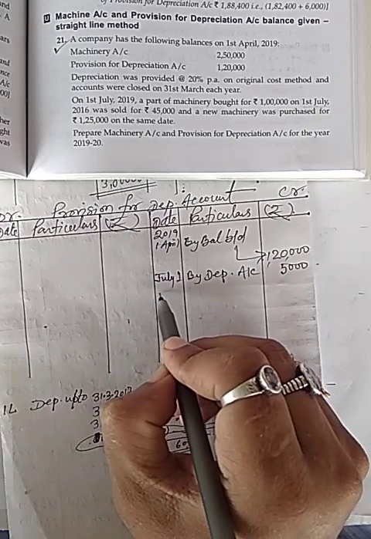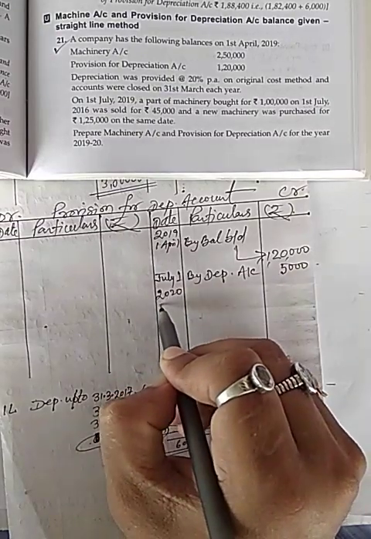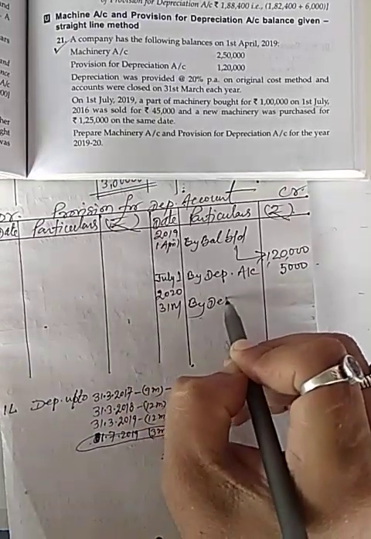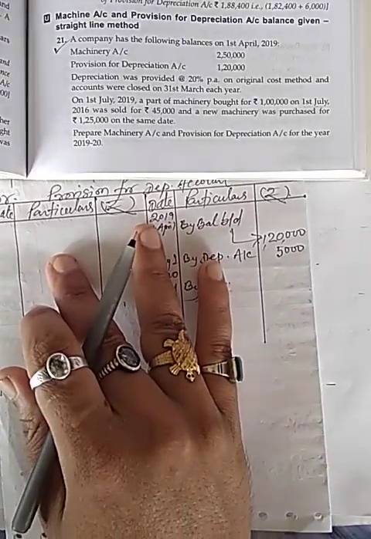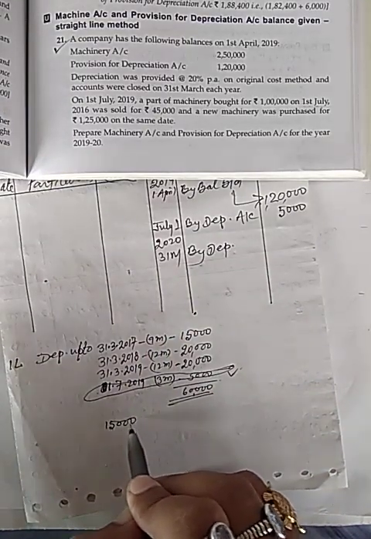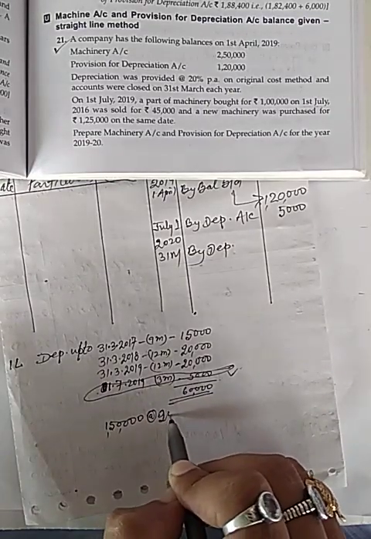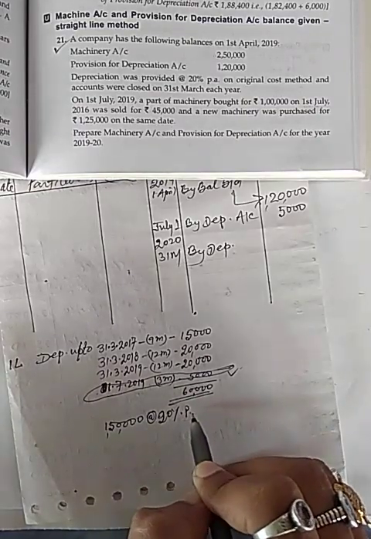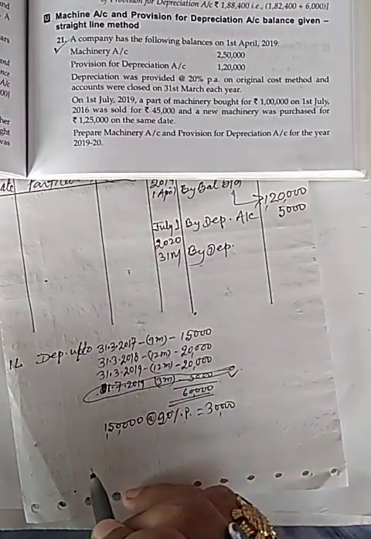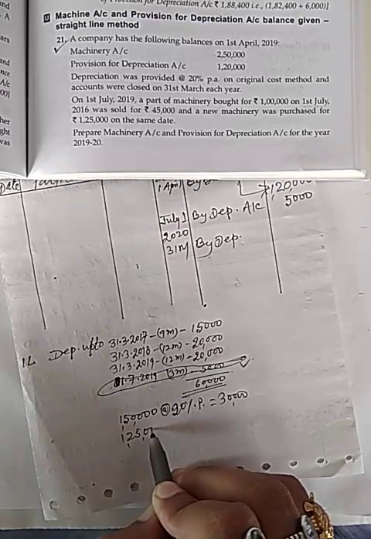Now on 31st March 2020, by depreciation on remaining machine, on 1,50,000 at the rate of 20% per annum, it will be 30,000, and one more machine we have, 1,25,000.